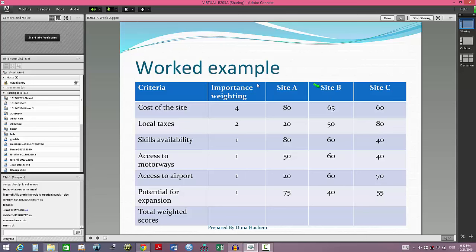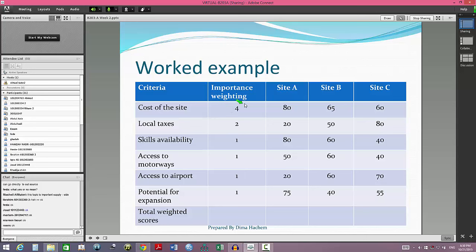And we have three sites: site A, site B, and site C. And we want to compare between those three sites based on the weighted score method. We have these criteria, and these criteria are mixed between supply side factors and demand side factors.